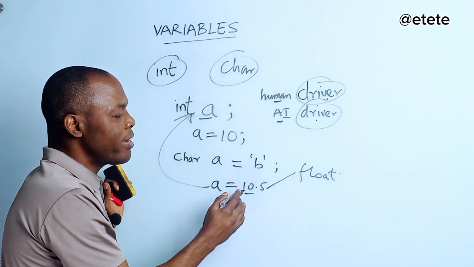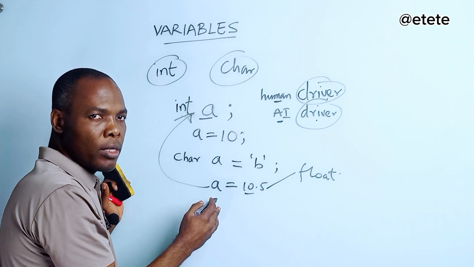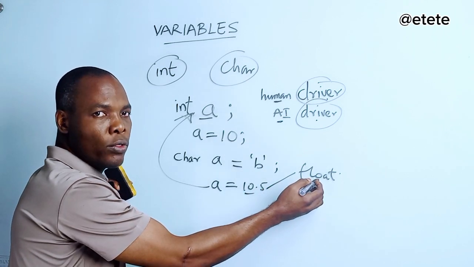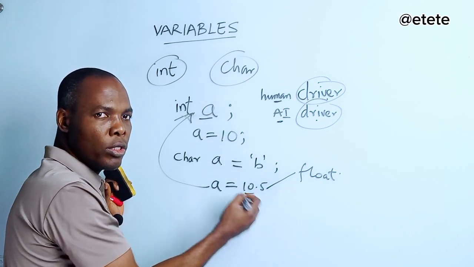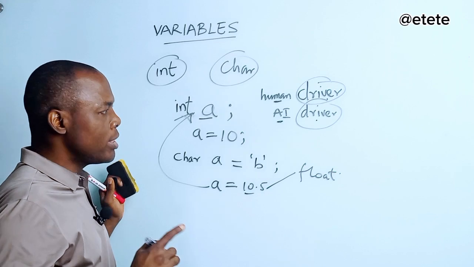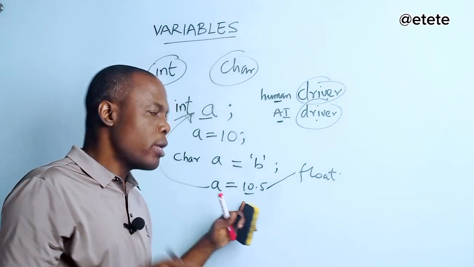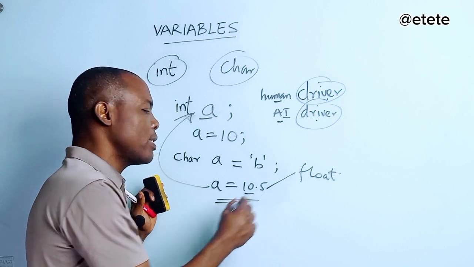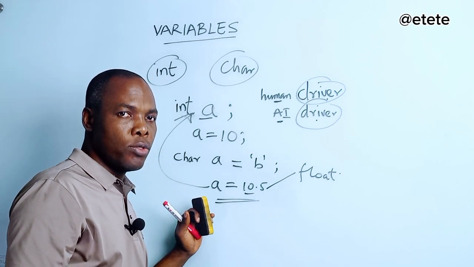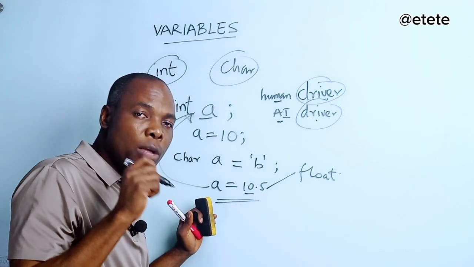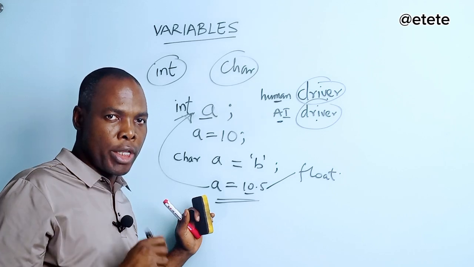And then you are giving a value of 10.5 to it. How did it get to the float RAM to collect this value? So the compiler is going to throw you an error. So in the next class, I'm going to show you how the compiler is able to know that this is wrong in terms of the syntax to throw you the error. That is what I'll be showing you in the next class, and that is what a token is.